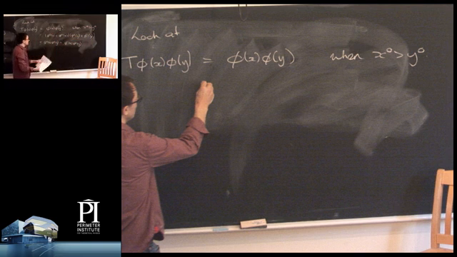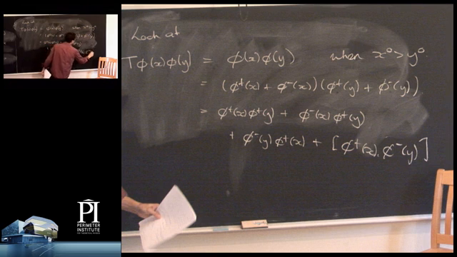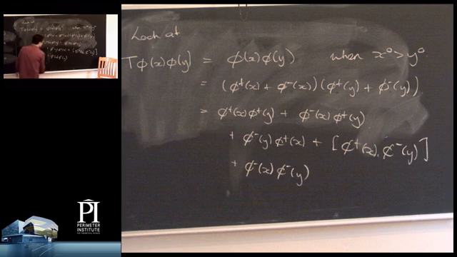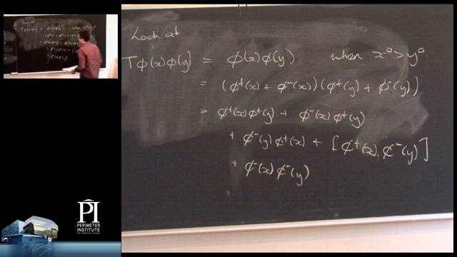So let me just rewrite this. So it's trivially got the phi plus to the right. I'll have a phi minus of y, phi plus of x. But then I've got to add the commutator of phi plus of x, phi minus of y. Okay, so the minus term of this commutator cancels this, and what I'm left with is the honest term. And then finally, there's the term with no phi pluses, and you can't do much about that, so that's just phi minus of x, phi minus of y. Okay, all good? So what have we got?